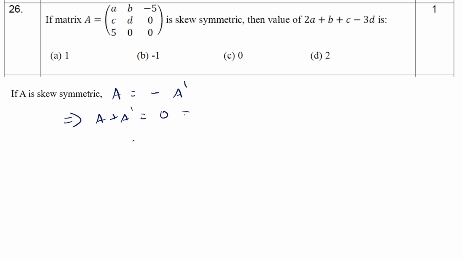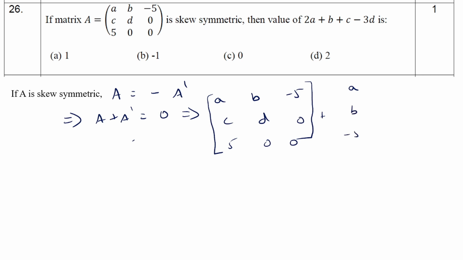Now let us write A plus A transpose. A is the given matrix A, B minus 5, C, D 0, 5, 0, 0 plus A transpose, where the rows become the columns. The first row becomes the first column, the second row the second column, and the third row the third column.